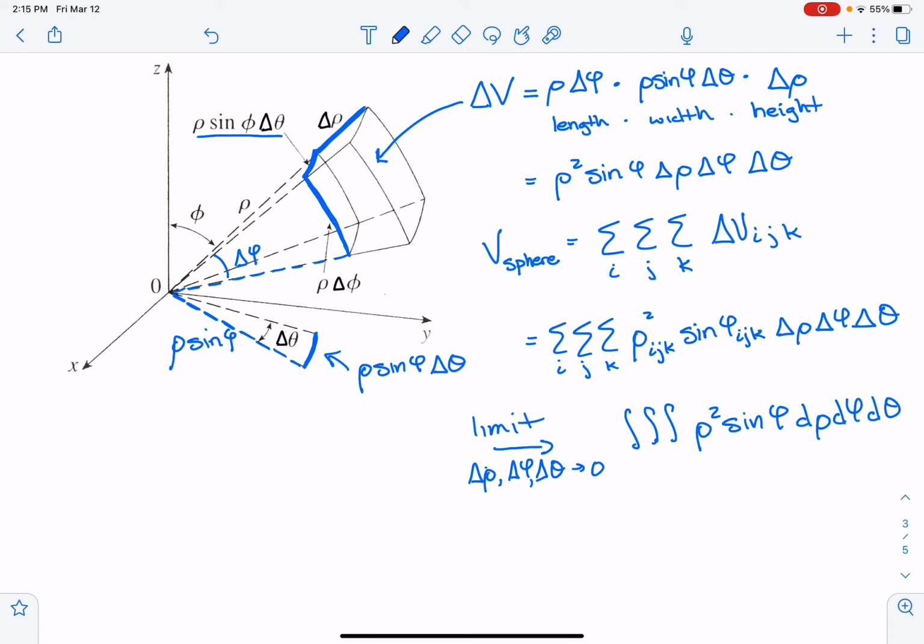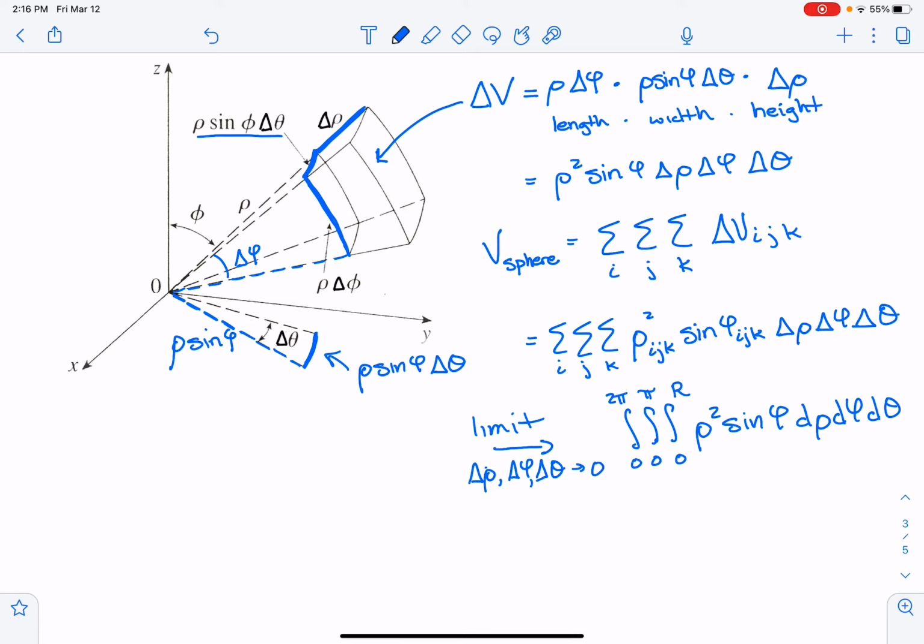And then it's just left to finding the limits of integration. If we're going to calculate the volume of the sphere, maybe we'll let that sphere have a radius r so that rho goes from 0 to r. And then we know from spherical coordinates that phi can go from 0 to pi, and then theta can go from 0 to 2 pi.